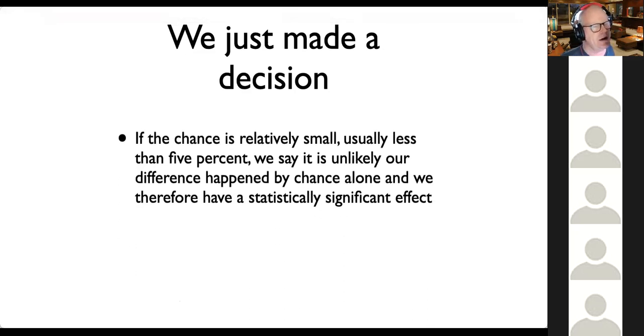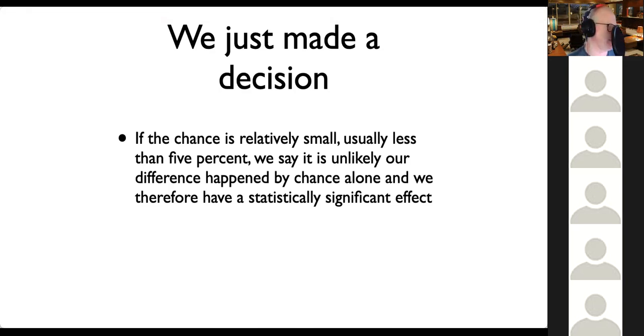So if the chance is relatively small, let's go with less than 5%, we say it's unlikely that our difference happened just because people are different by chance alone. That's shorthand. What I'm saying is it's pretty unlikely that they come from two different population distributions.